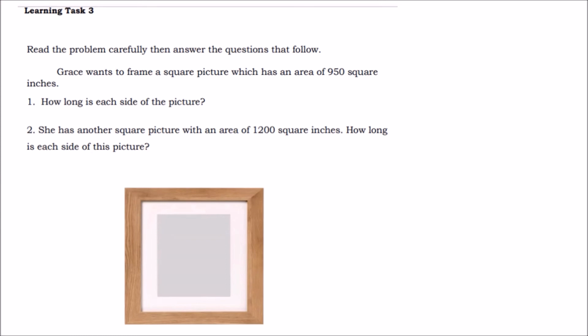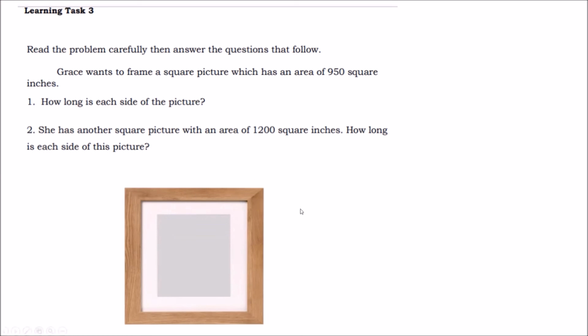How long is each side of this picture? So, i-apply natin dito ay ang formula ng area ng square to answer question number 1 and question number 2. So, I hope clear po kung paano natin sasagutan ang ating learning task for this week, sa 1 to 3 and another activity kung may extra activity pang binigay ang ating mga guro.